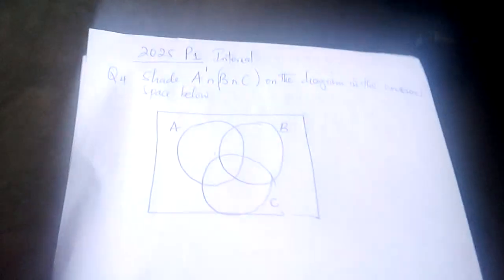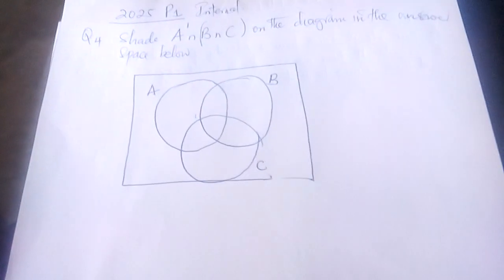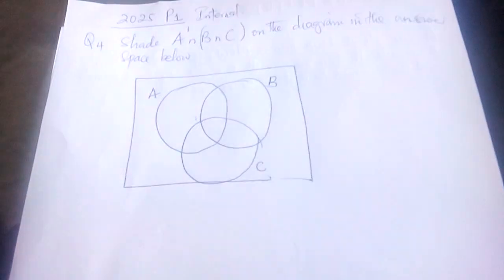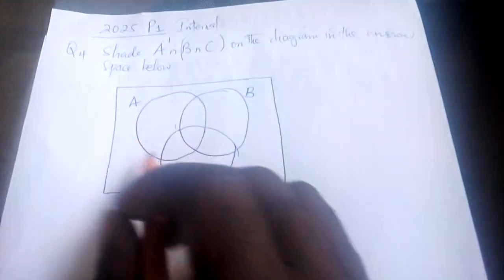So to begin with, you may come up with letters or you may come up with numbers. In this case, let us come up with numbers, and those numbers you're supposed to put somewhere inside the Venn diagram.